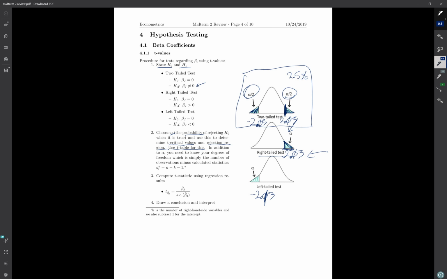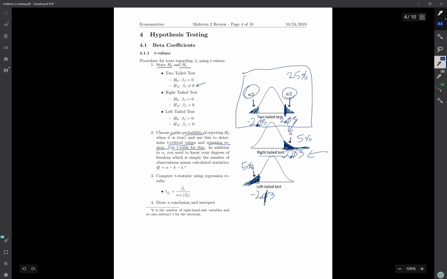This is just saying for a right-tailed test that to the right of 2.03 there's 5% of the probability space. So this area right here going on to infinity in this direction is 5%. And again, for the left-tailed test, if we happen to get negative 2.03, then anything to the left of negative 2.03 is 5% of the probability space.